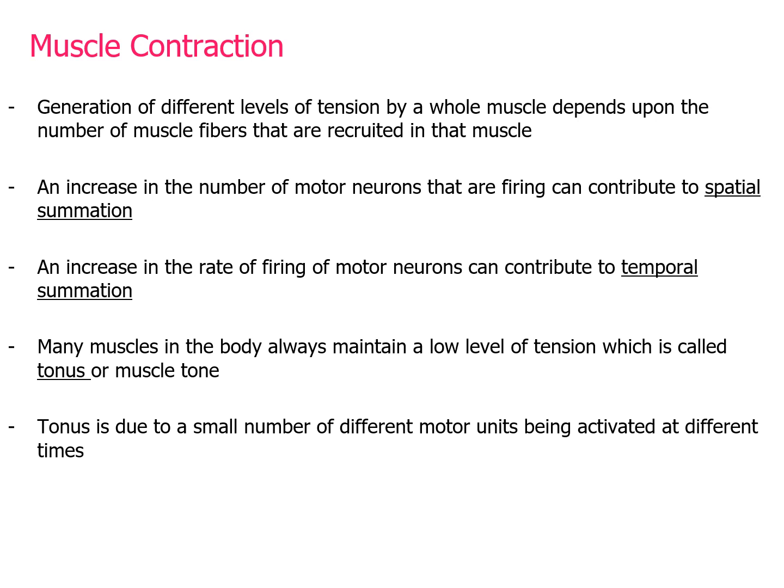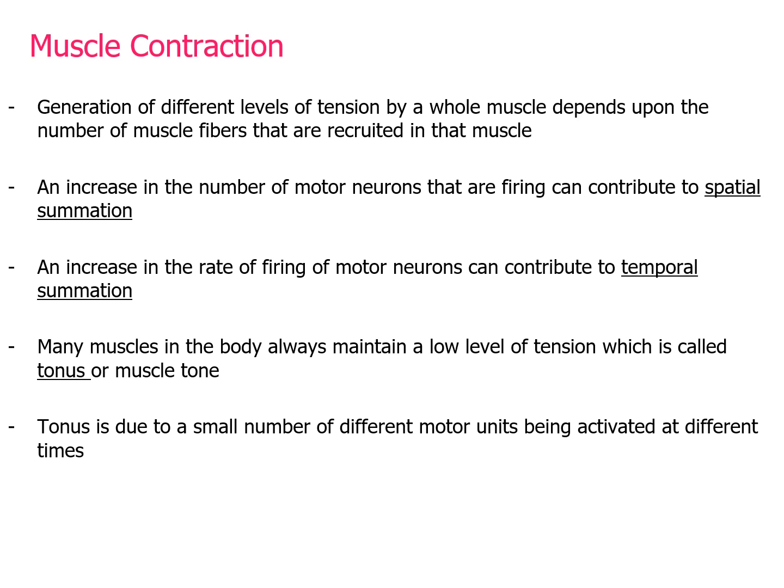Now, when skeletal muscle is contracted, often different degrees or levels of strength are required. That can be generated in a number of different ways. It all, in the end, depends on the number of muscle fibers that are recruited in the muscle. One way of making a stronger contraction or generating more tension or force is by increasing the number of motor neurons that are firing at any time.